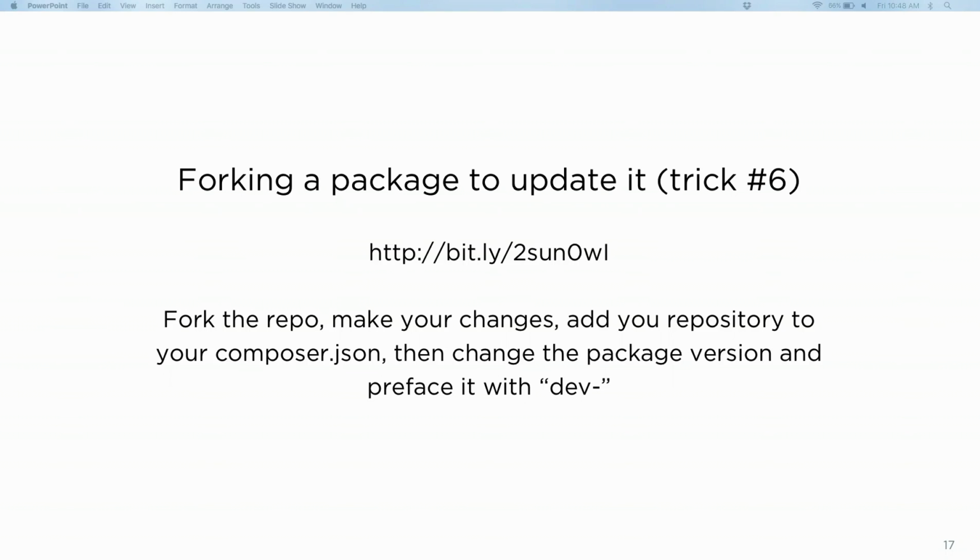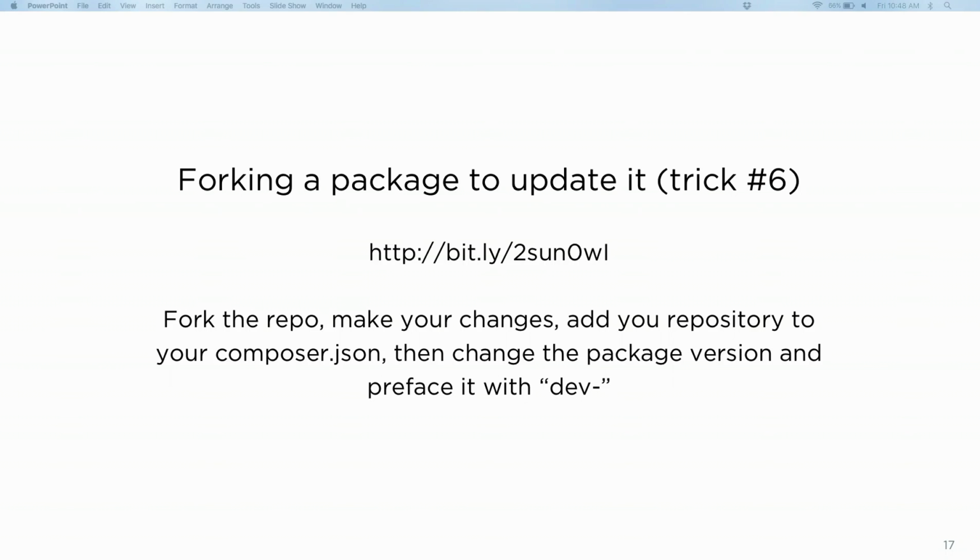And I've also seen it done, well, basically, instead of forking it, making the change, and getting them to do a pull request so that it's in their live library, you can do this, which is basically you fork the repo, make your change. Since you have the project in your repo, you can add your repo to Composer and change the package version so that it's prefaced with a dev dash. So if you were using the master branch, you would tell Composer to be dev dash master.